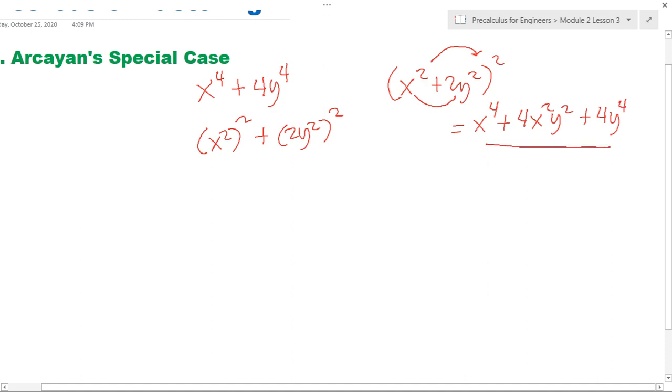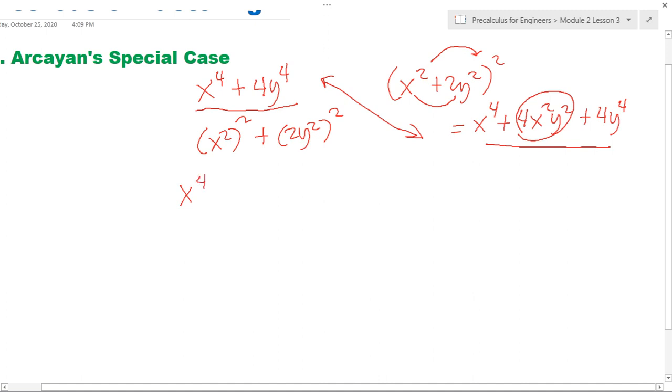This one and this one, magiging same lang sana. Kaso, meron tayong middle term. So, paano to paalisin? Syempre, isubtract din ng ganyan para maalis siya. So, therefore, ganito pala yung forma niya.